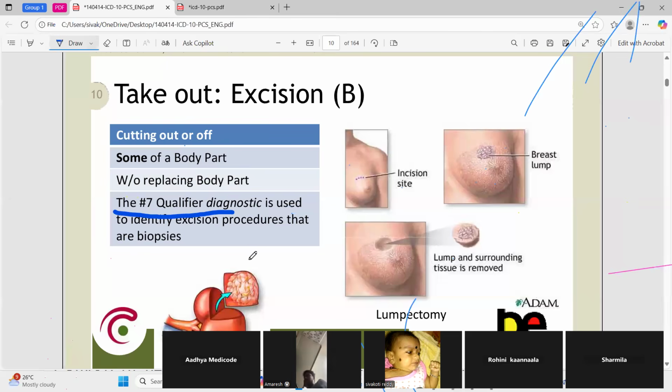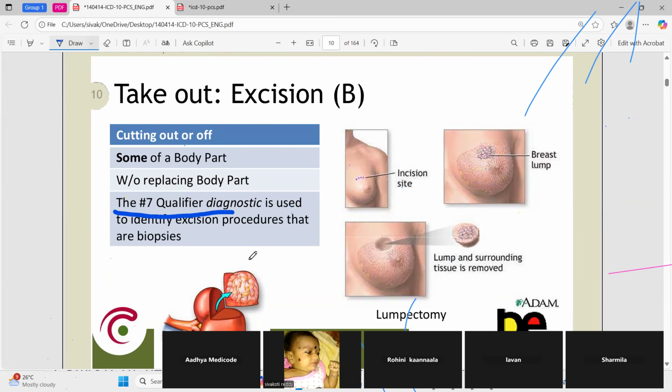Tell me some examples of portion of removal. Lumpectomy, if they remove any lump or mass. Appendectomy? Vasectomy, tubectomy?